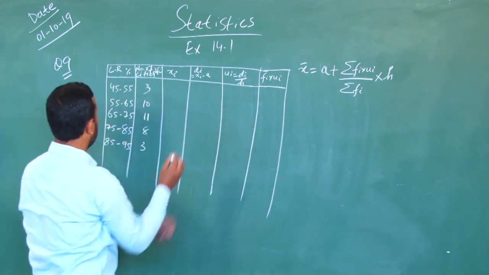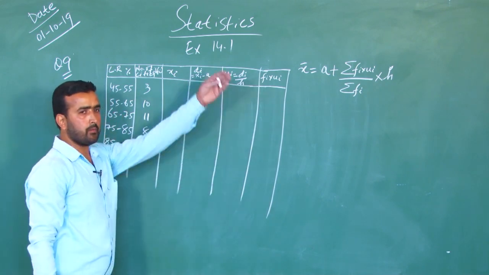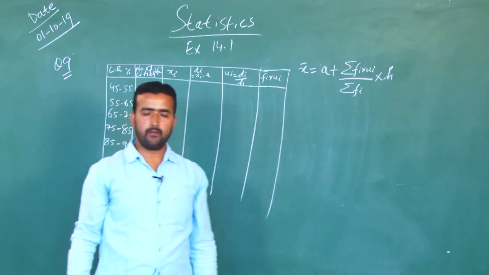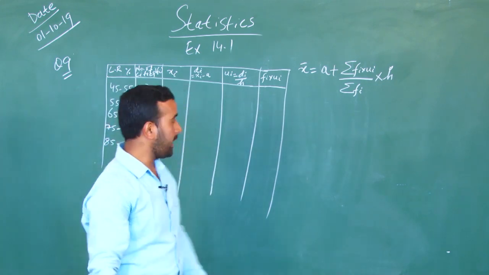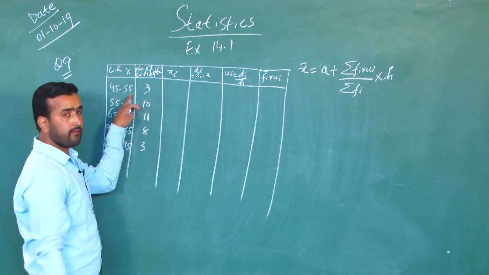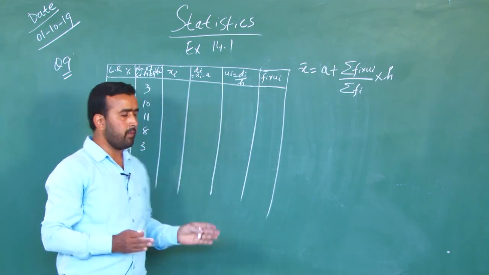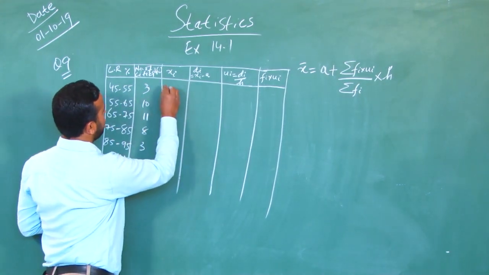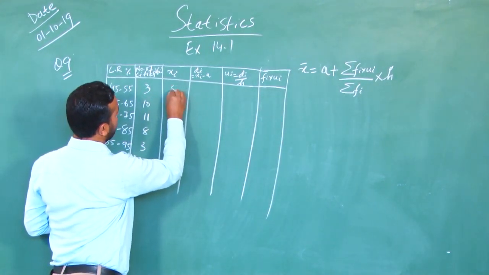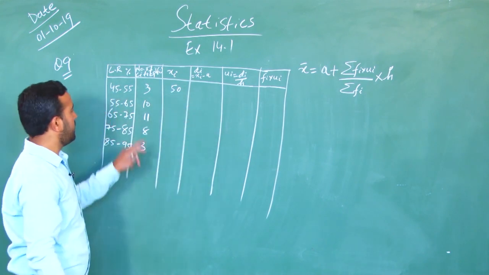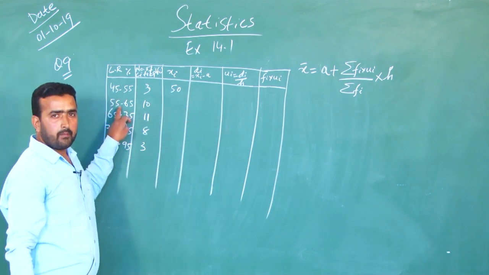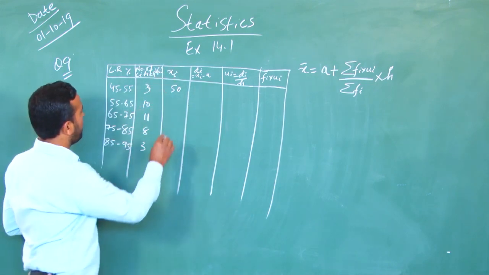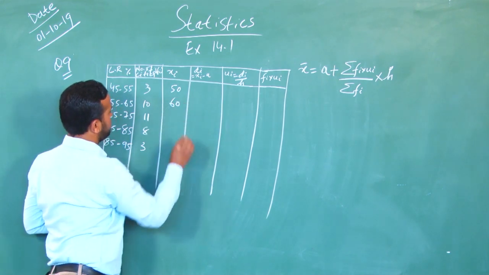Let us see the different parameters that we have to complete this table. Xi, that is the mid value or the class mark of the given data. As we know, that is 45 plus 55, that is the lower limit plus the upper limit, whole divided by 2. So 45 plus 55 gives us 100 divided by 2, that will be equal to 50. This will be the first value. Similarly, 55 plus 65, that is the next value of the data, gives us 120 divided by 2, that is equal to 60.